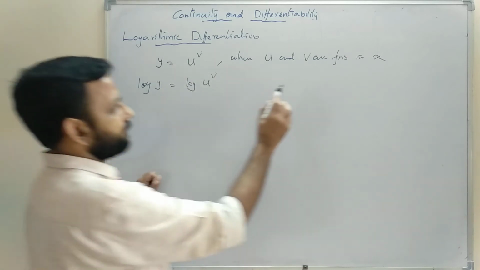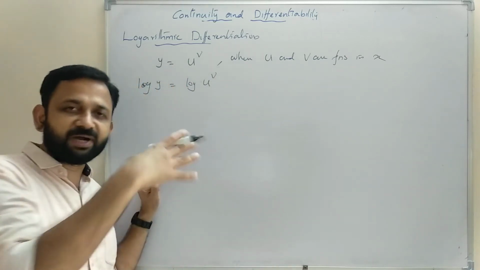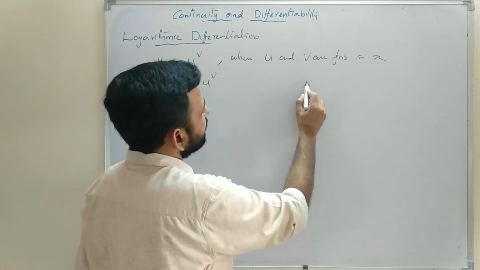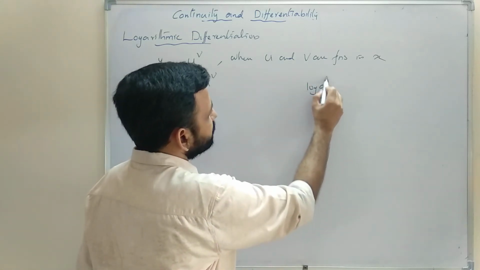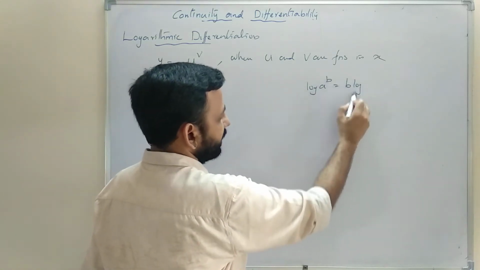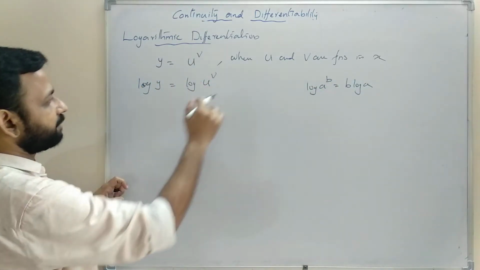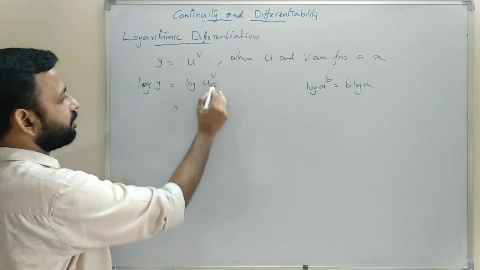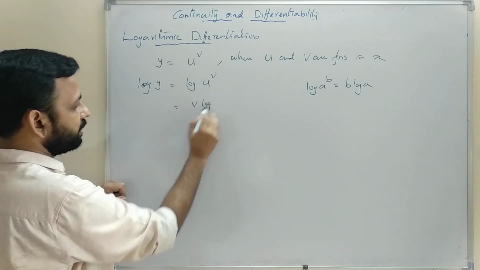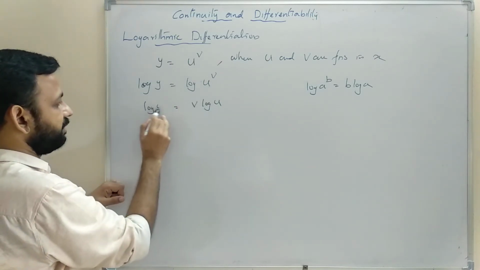And in logarithmic functions, you learned one property: log a raised to b is equal to b log a. So by using that property, we can write this as v log u. That is log y on the left side.